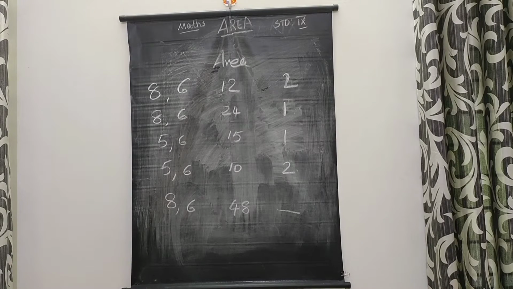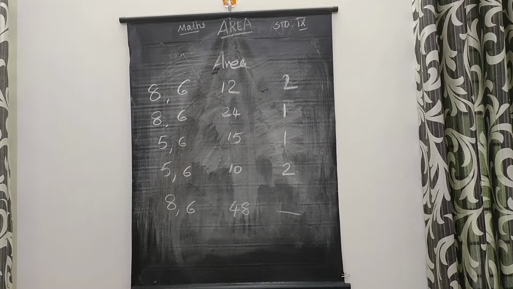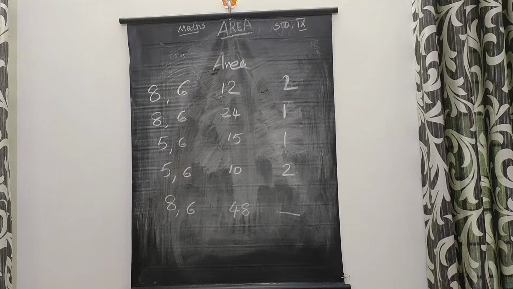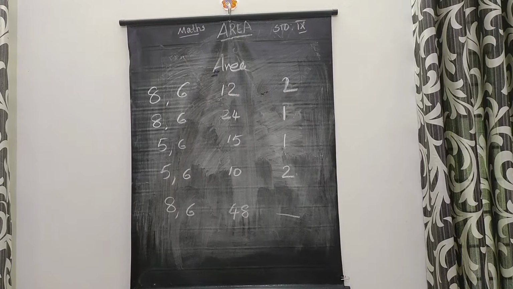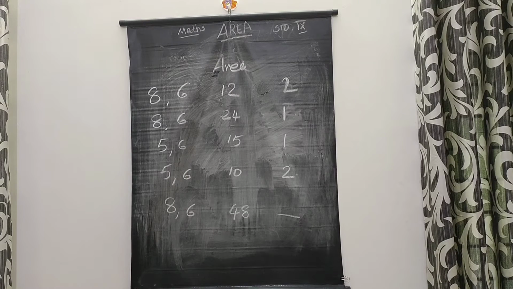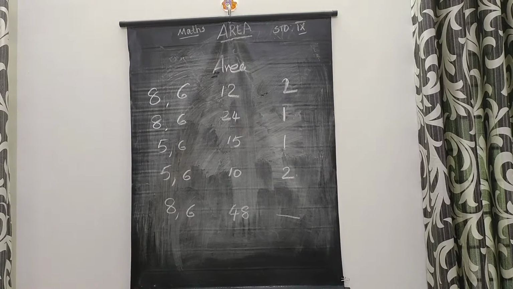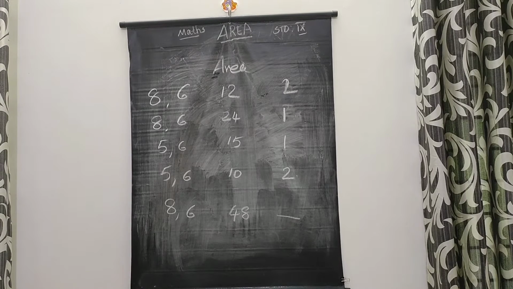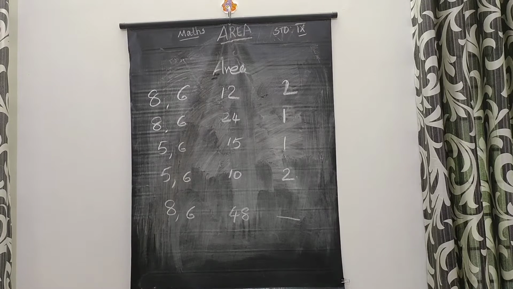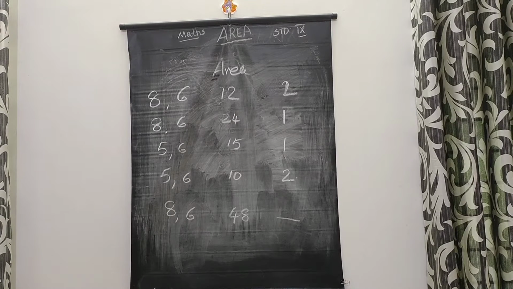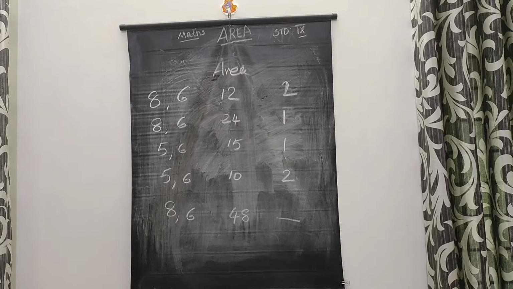And the third one also, 5 and 6 are the sides and the product is 30. Half of the product is 15, which is the area given here. Then also we can draw only one triangle, and that triangle also is a right triangle. So we can conclude that the maximum area made by two sides of a triangle is half the product of the sides, and that triangle is a right triangle.